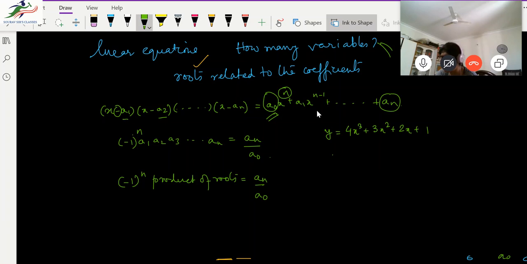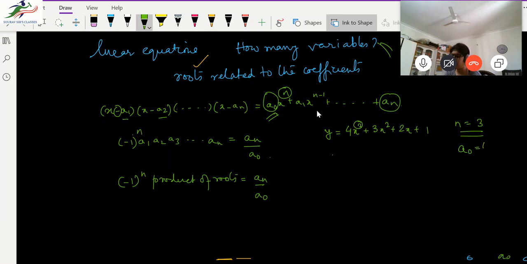So this is a cubic equation. What would be the value of n here? 3. n is the highest power of x, always. So n is equal to 3. What is the value of A0 here?